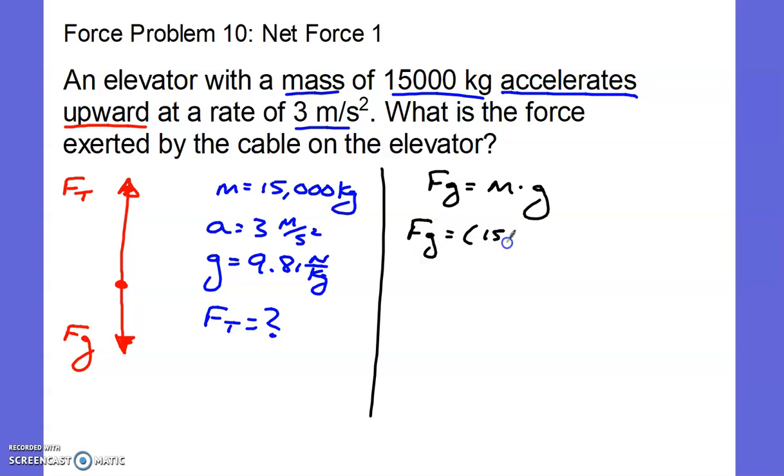The mass is 15,000 kilograms. Gravitational field strength is 9.81. And therefore, we get the gravitational force to be 147,150 newtons.